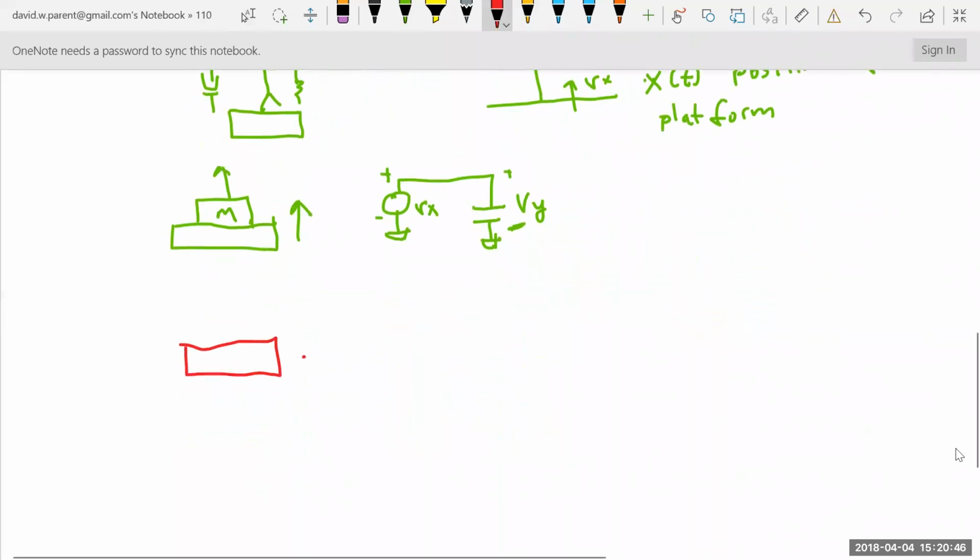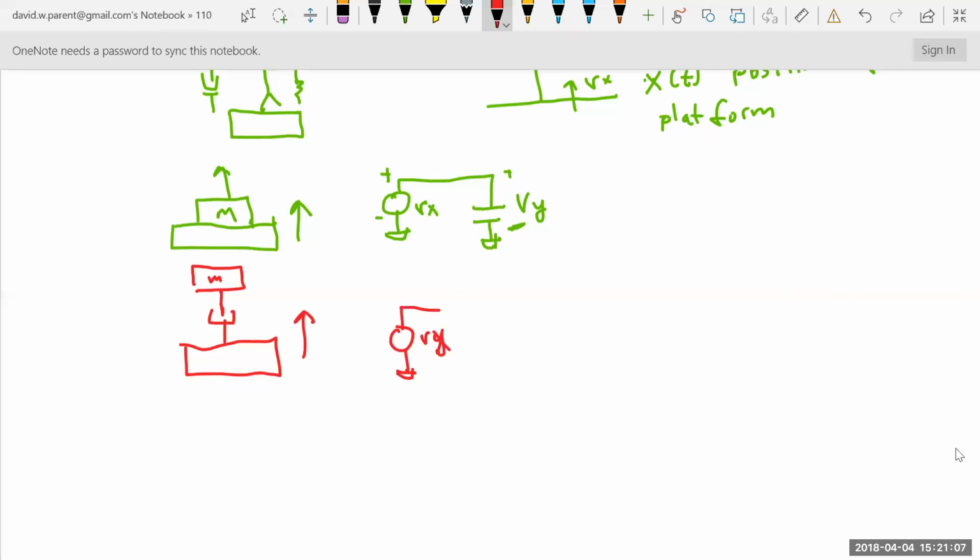If I have a platform and I have a damper and a mass, the velocity of that platform is still Vx, but now there's a damper. Dampers are just kind of like resistors.